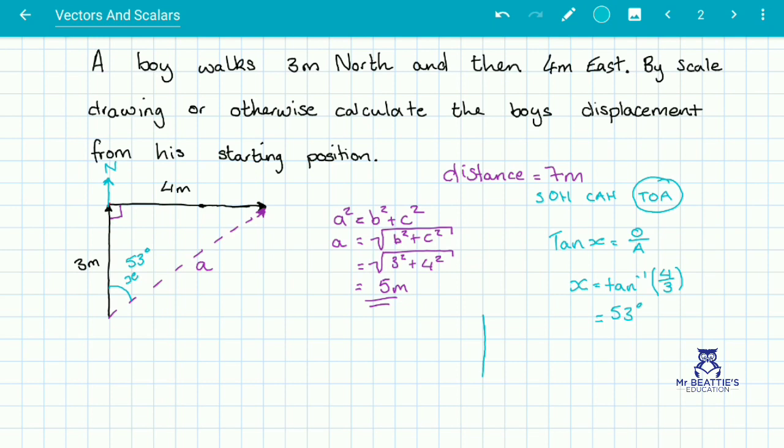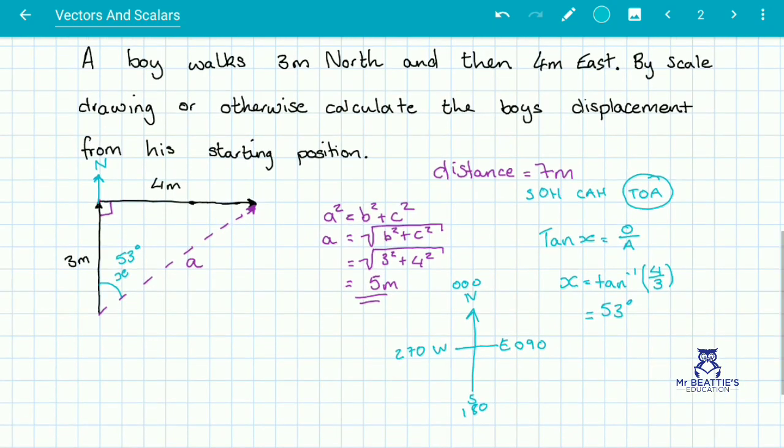If you look at a compass, we have north up here, and then we have east, south, west. North is considered to be 000, east 090, south 180 and west 270, each in 90-degree blocks.